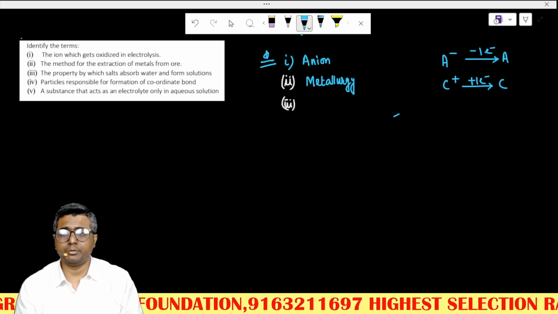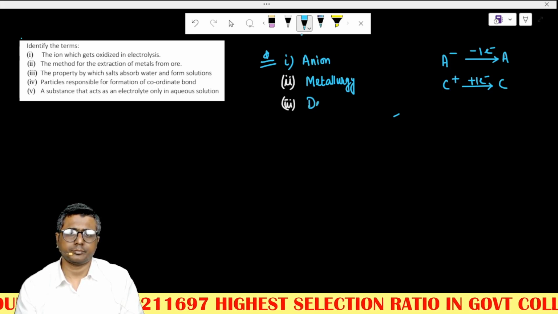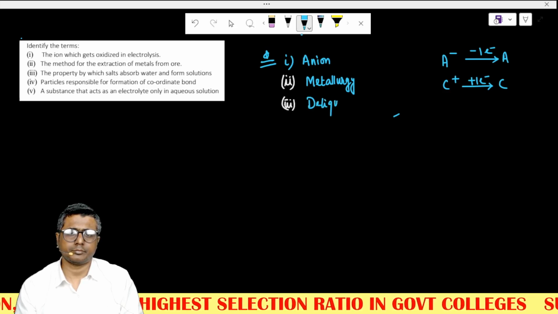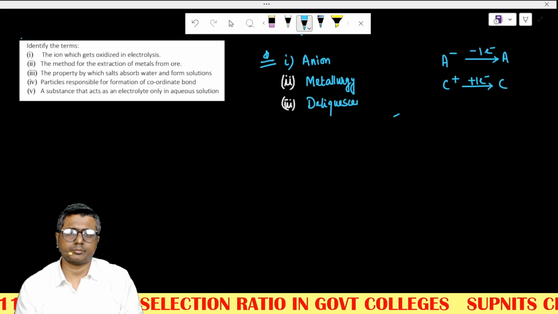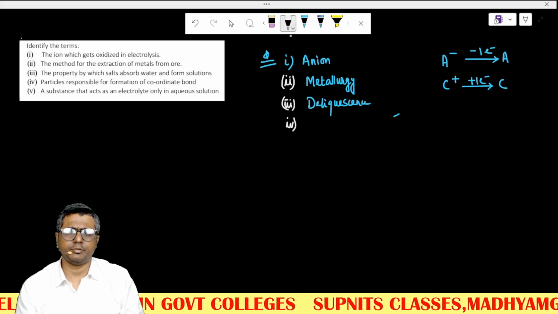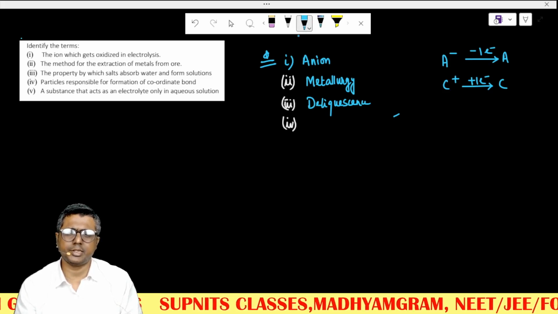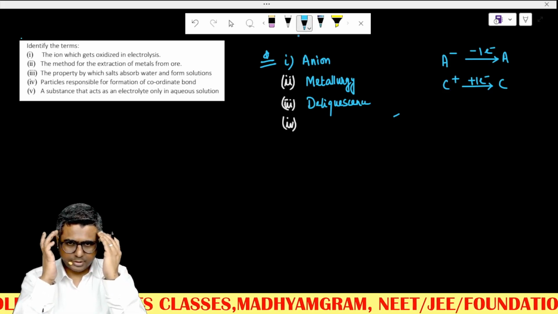The property by which salt absorbs water from solution. Everybody knows this, right? Many of you must have been missing this question.